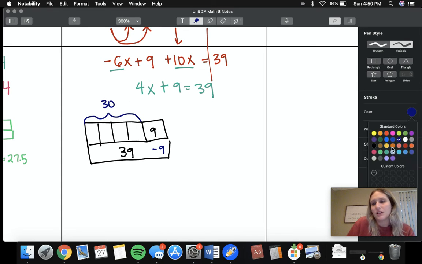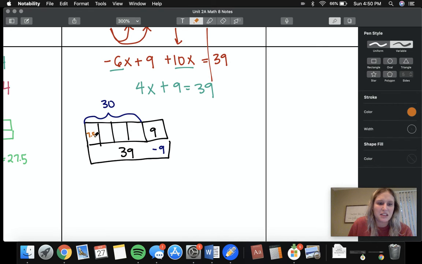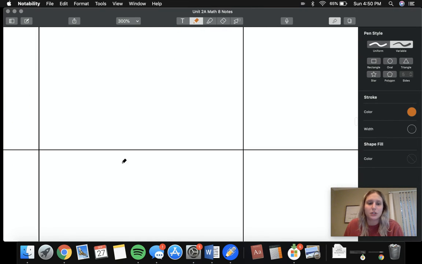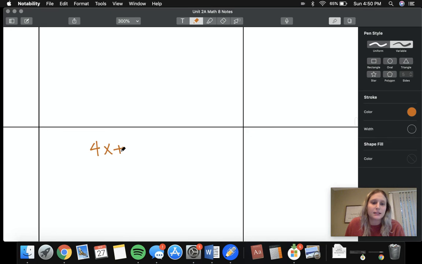Then we just have to problem solve: 4x's equaling 30, each of them would have to be 7.5. 7.5 times 4 would be 30. So if you don't like the bar model, after we distribute you've already done all the hard work. Now we just have to solve 4x plus 9 equals 39.